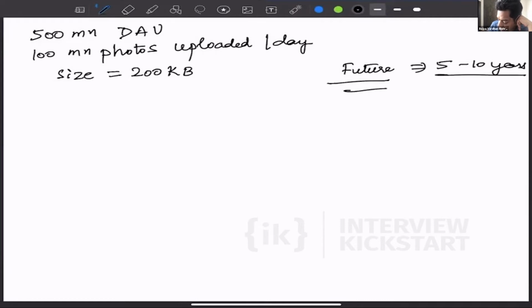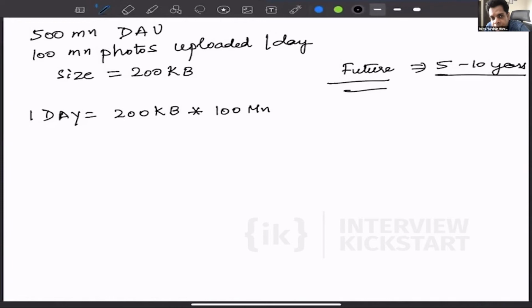Now let's calculate how much data storage is required in 1 day. We know that one photo size is 200 KB, and we know that 100 million photos are being uploaded per day. Now how do we quickly convert it into an actual number?